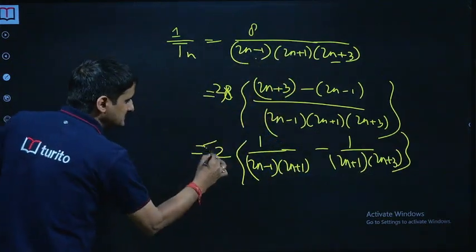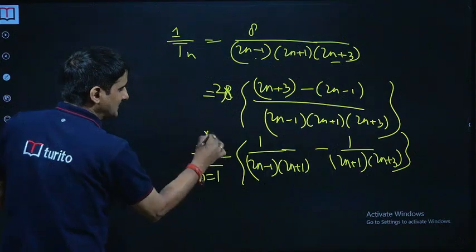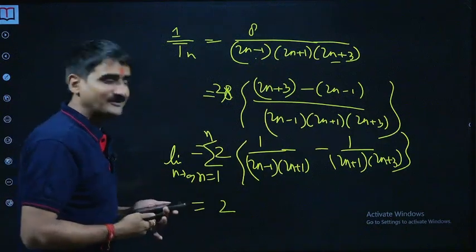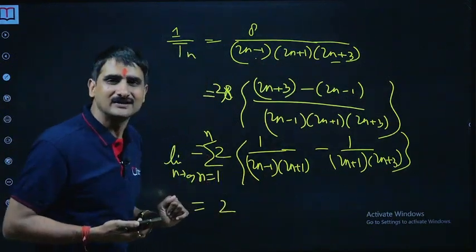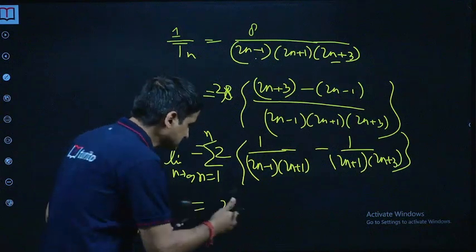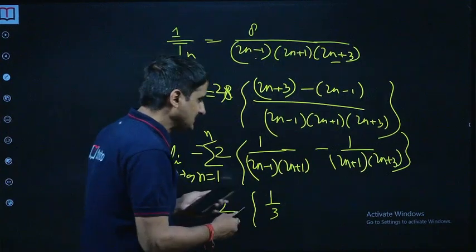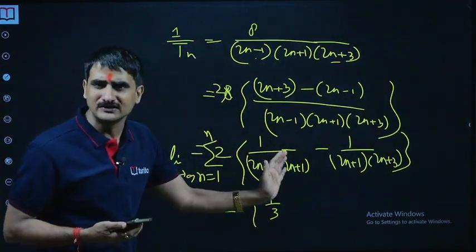Now you need this summation when n goes from 1 to n, and then the limit as n tends to infinity. When you put n equal to 1 here, the first term left will be this one, so 1 by 3 will be the first term, and then all the alternate positive and negative terms will get cancelled.